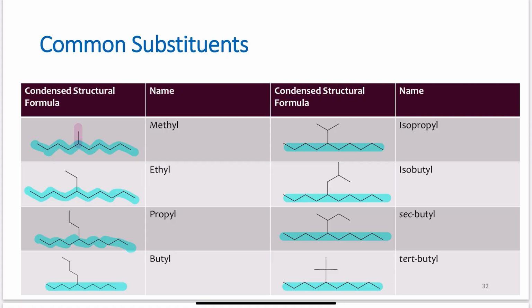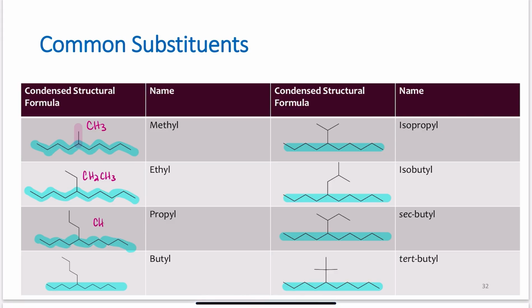So if you have a single line off of it, that's called a methyl group. Again, 1 carbon is methane, 1 CH3 group off is called a methyl. If you have a CH2-CH3 attachment in a straight line like that, that's called an ethyl.